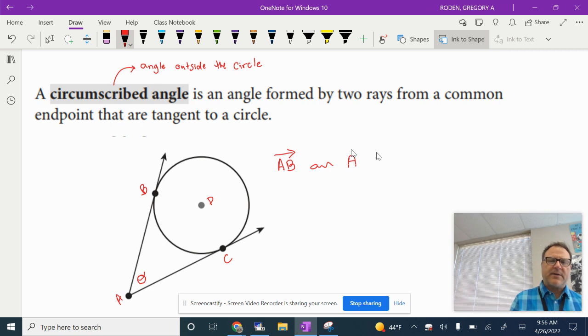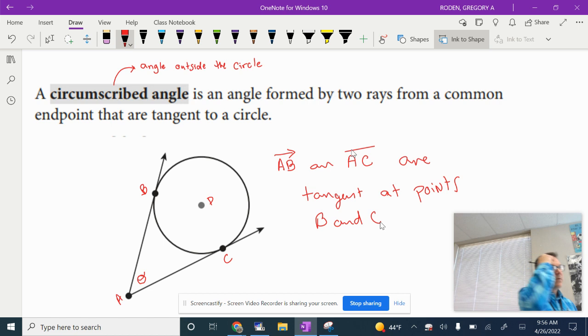Now, we're not talking about vectors here. We're actually talking about rays that are tangent at points B and C.